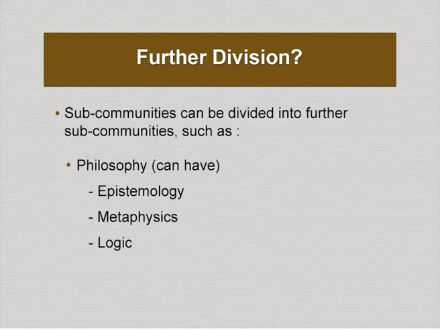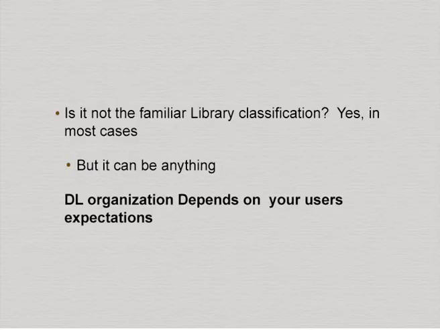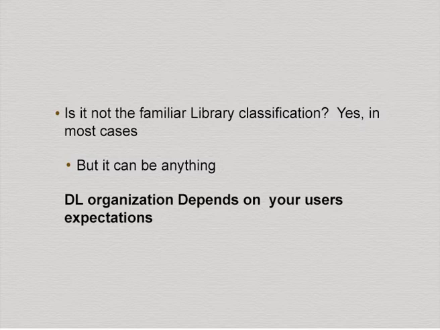Then further subdivision, philosophy can be further subdivided into epistemology, metaphysics and logic. So, it is much like library classification. So, I think probably the people with library science background must have got a hang of how the communities, collections and subcommunities are organized. So, digital library organization depends on your users' expectations rather than anything else.